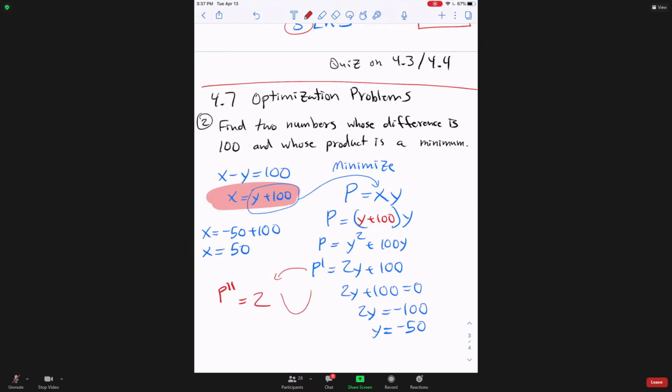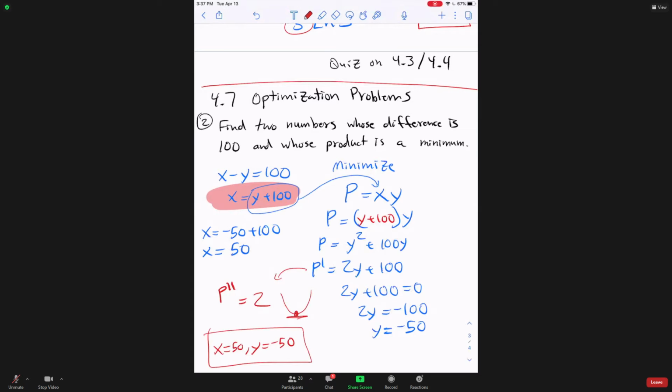So if it's concave up and it's a critical point, that means it's a minimum. So yes, x equals 50 and y equals negative 50 does give us the minimum possible product.